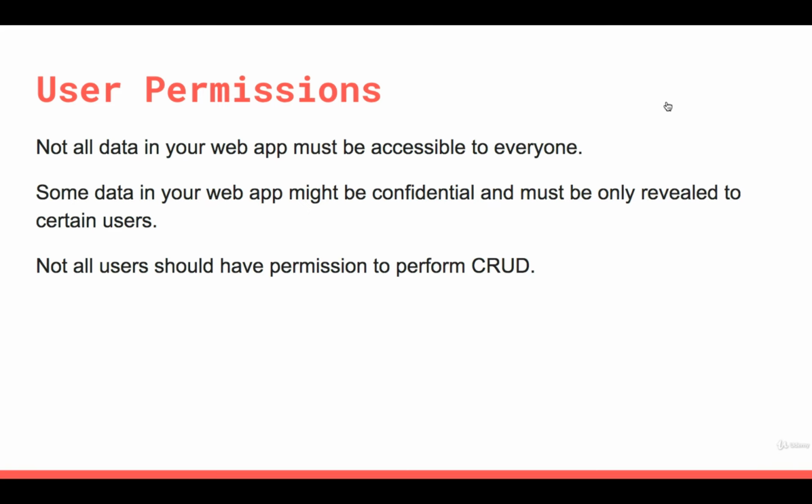And even if an end user is using it, the end user should only be able to read his data or his account balance, and he shouldn't be able to update or delete that data. So we are going to learn about user permissions as well. That is how you can use the Django admin to set certain user permissions for all the users of your site.